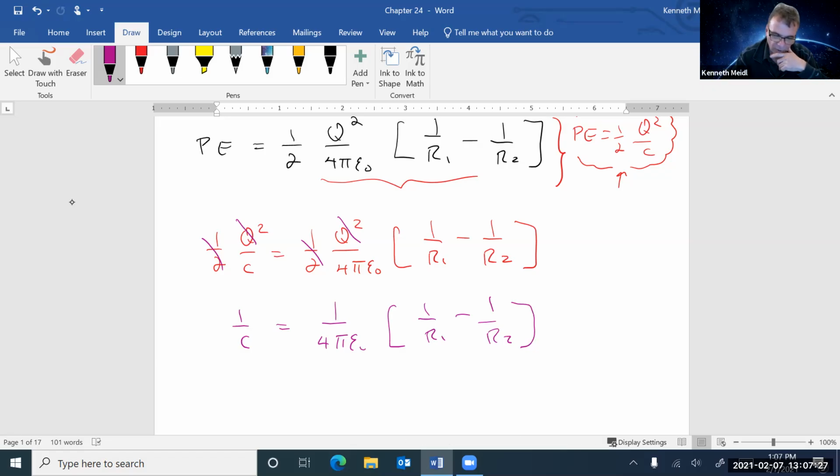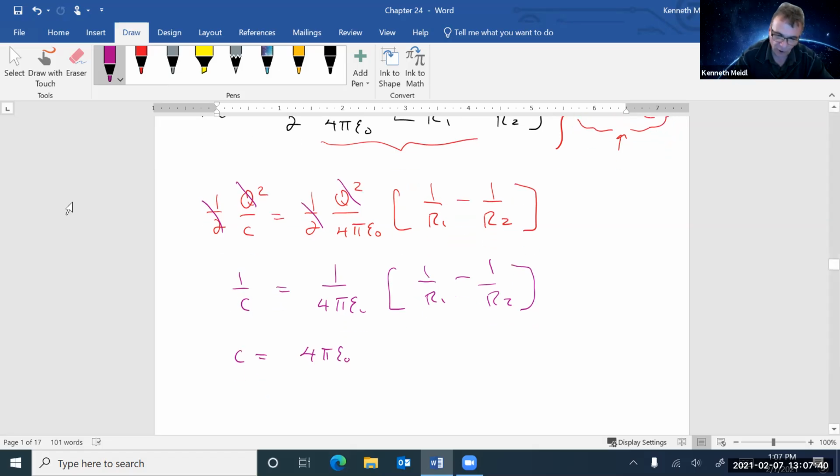And so when you do that, this side is easy. This over here would be a 4 pi epsilon naught. And then you've got to get all of this stuff here and flip it upside down. So what you really want to do is get a common denominator and turn that upside down here. Or what you can do is think about it, all that all over 1. And you could write it this way.